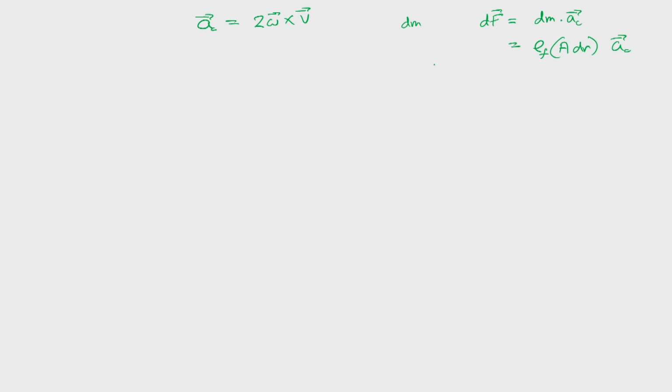So dF becomes 2 omega m dot dr. Now, if the total length of the tube is L, then the total force that is acting on this will become F = 2 omega m dot L, giving m dot is equal to F by 2 omega L. So, from there we can get a measure of the total mass flow rate.